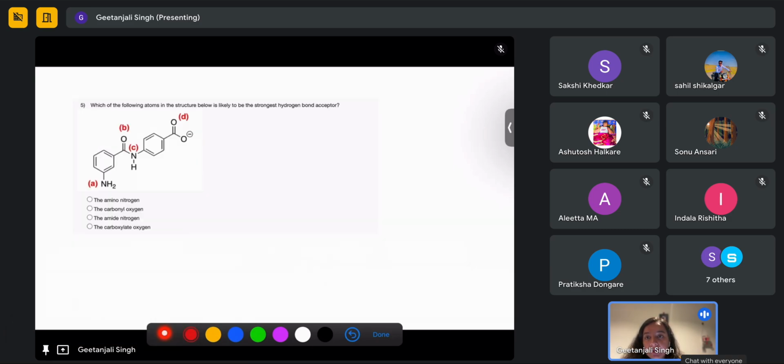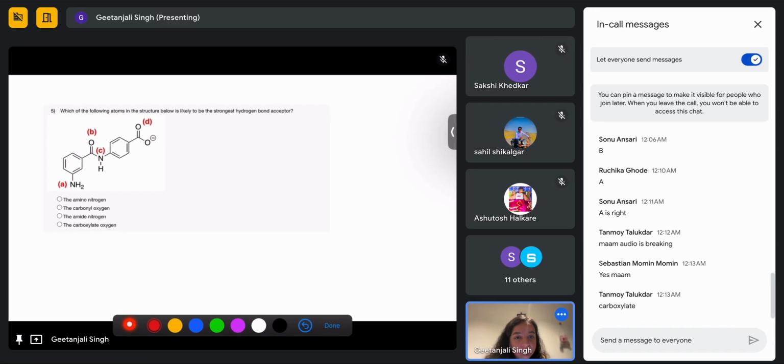Which of the following atoms in the structure below is likely to be the strongest hydrogen bond acceptor? You have to look at the structure carefully. Try to see which is more hungry for hydrogen bond acceptance, which can accommodate hydrogen easily.